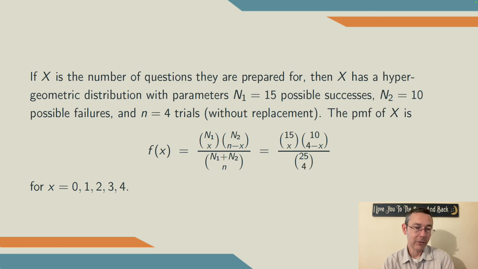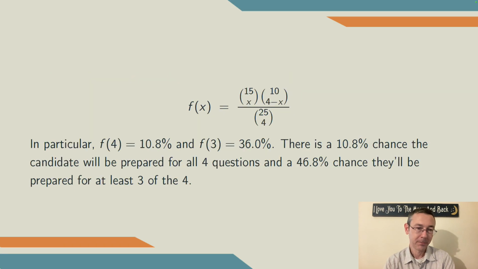The numerator is saying how many ways you can pick the x successes from the n1 that you have available, and then the rest have to be failures, so you're picking n minus x of the failures out of n2 total. The right part of that equation is plugging in those values, n1 equals 15, n2 equals 10, and little n equals 4. The support of this random variable is just the numbers 0, 1, 2, 3, or 4, because you're only picking 4 out of there, so those are the only possibilities.